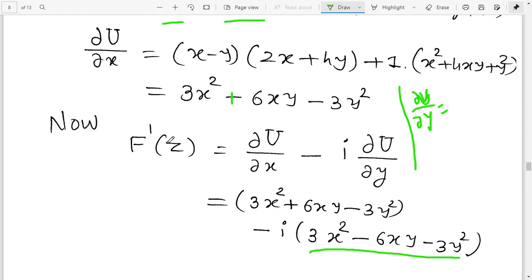So now F′(z) = ∂U/∂x − i ∂U/∂y. Put the value of ∂U/∂x = 3x² + 6xy − 3y² minus i times ∂U/∂y = 3x² − 6xy − 3y².